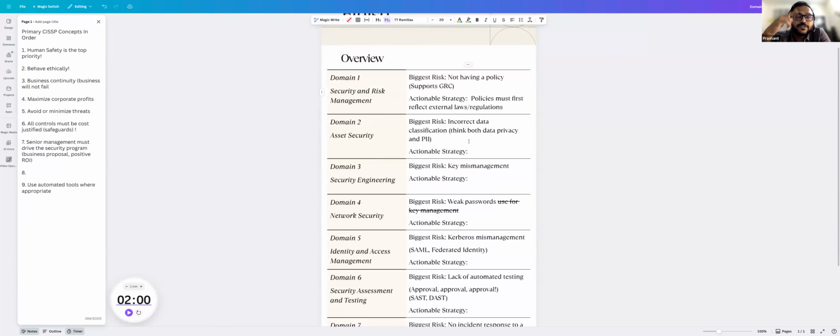And then the question probably comes back, how do we go ahead and choose the policy? For that, we have the frameworks, right? It's important that we refer to the frameworks. And before that, it's important to know your own business, what exactly industry you are in.